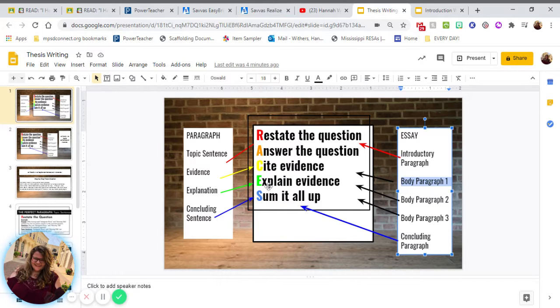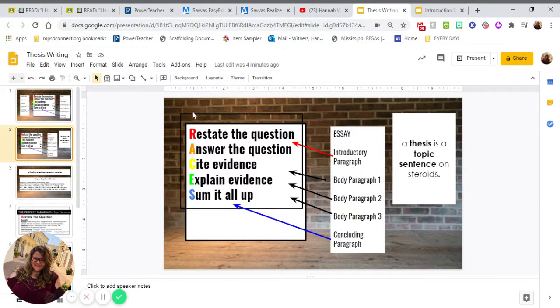It's just a paragraph within our essay. So all three of our body paragraphs are going to be all of it. And then finally, the concluding paragraph is going to sum it all up and pull it together in a pretty little bow. Easy pie, right? Not really.